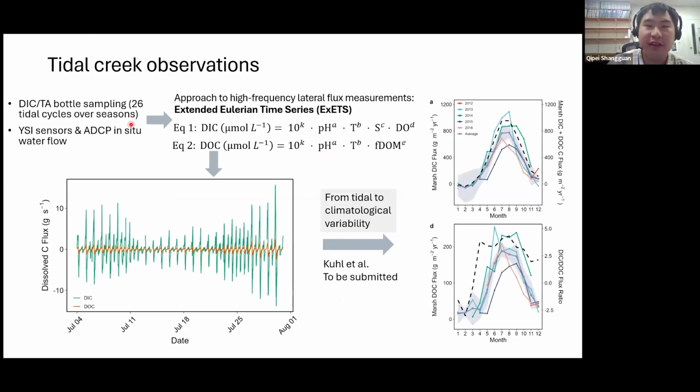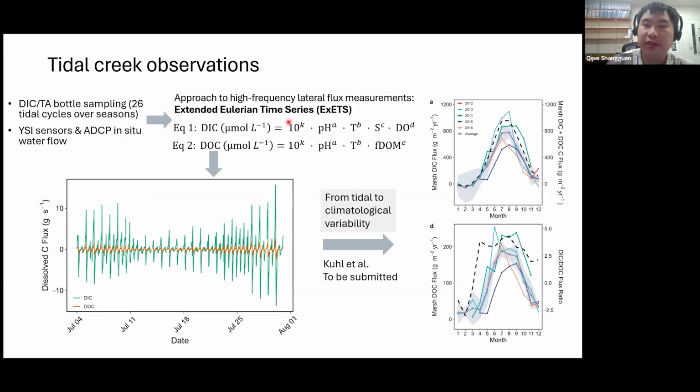We also have extensive observations of the tidal creek. We are trying to develop a consistent approach to calculate the lateral fluxes. The challenge here is that the DIC and the DOC concentrations are very dynamic. They are changing very rapidly, and we want to monitor them continuously. The strategy we have is to link DIC and DOC to the YSI parameters, such as pH, temperature, and salinity.